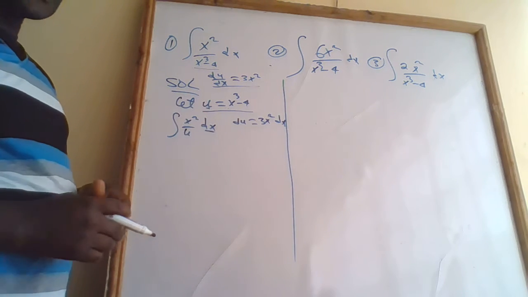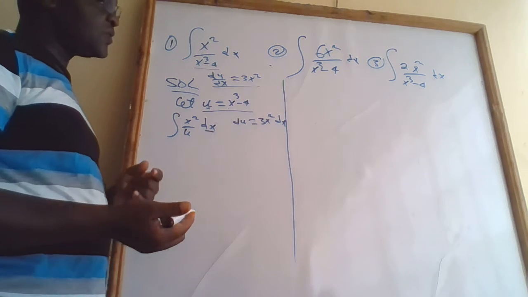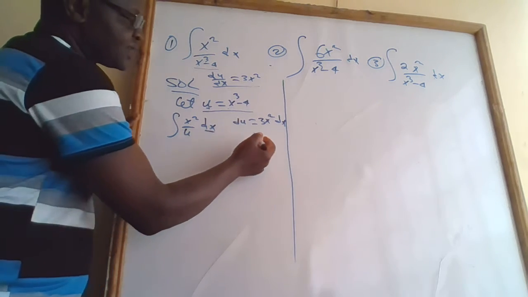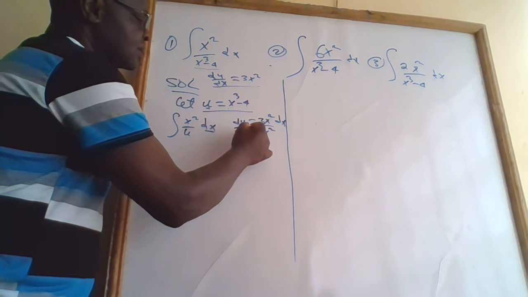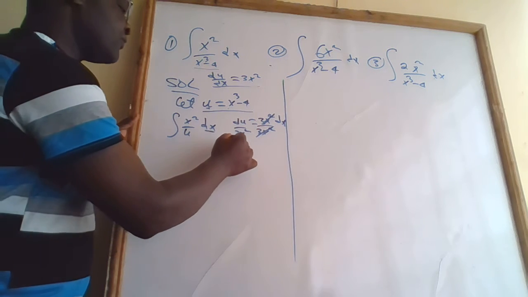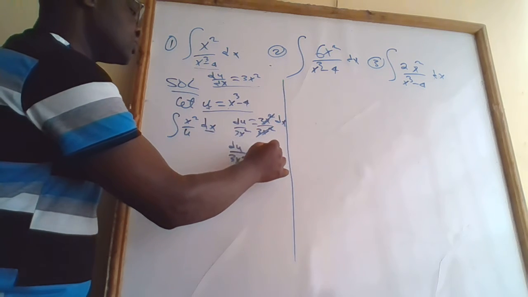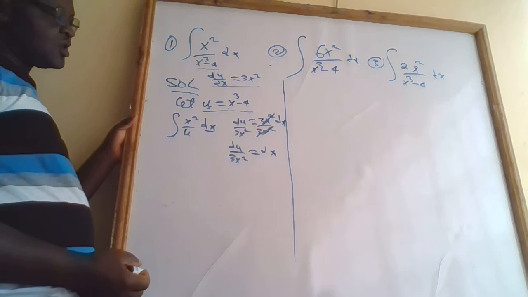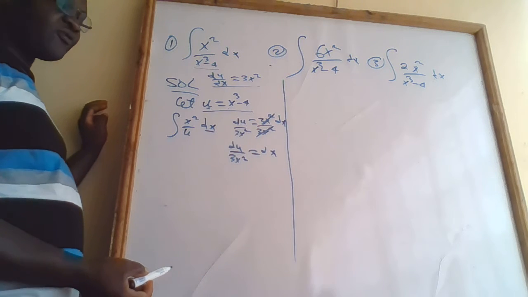But we want to make dx the subject so that we express dx in terms of du. So we divide both sides by 3x squared, so this and that cancel. So we have du over 3x squared equals dx. So now we have expressed dx in terms of du.